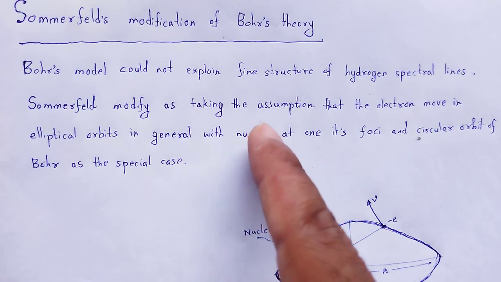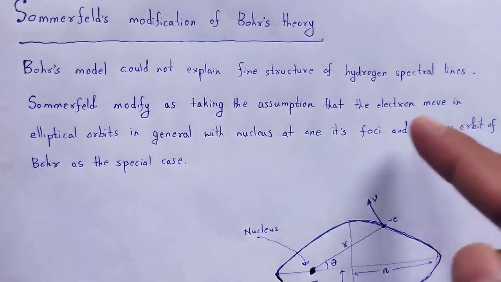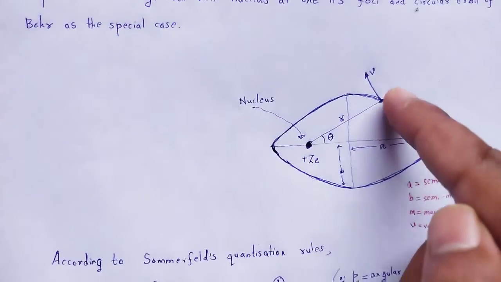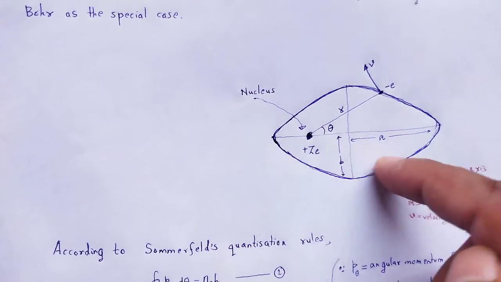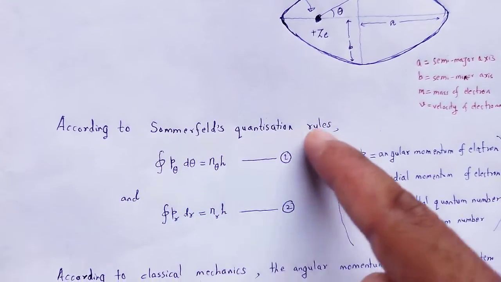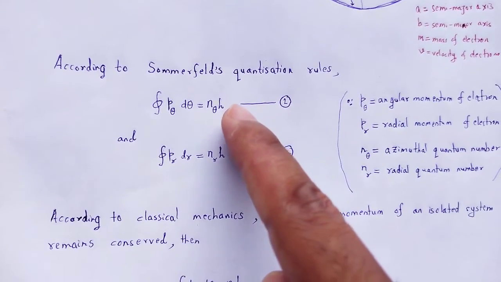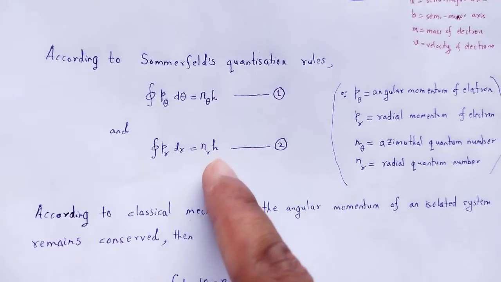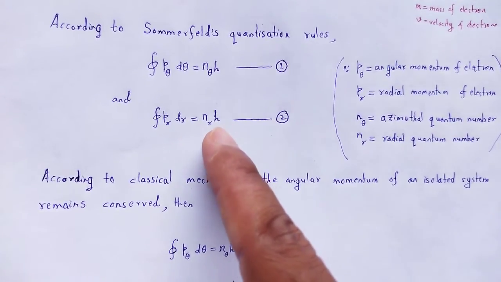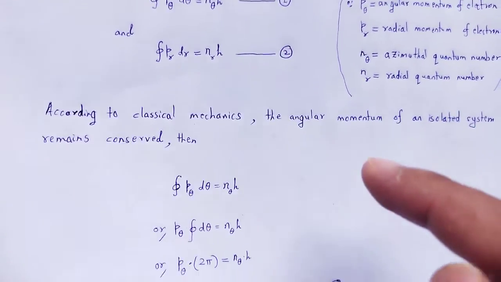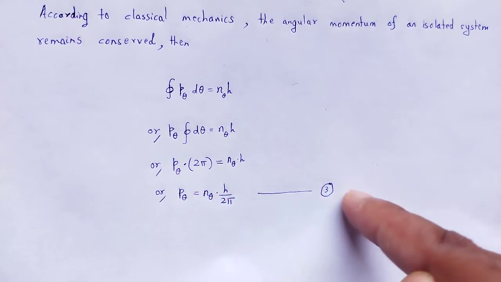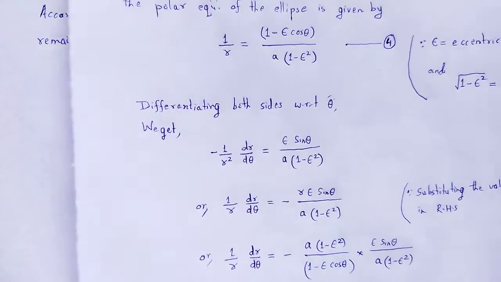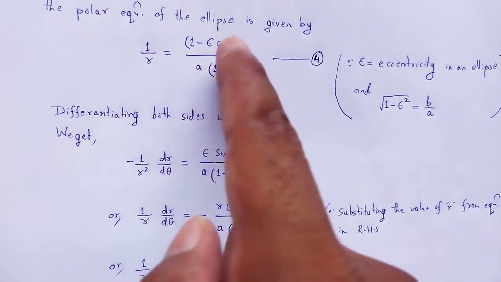What was the assumption proposed by Sommerfeld? Elliptical orbit: the electron revolves around the nucleus in such an elliptical orbit. Sommerfeld's quantization rule: angular momentum and radial momentum are quantized, but angular momentum is conserved, from the polar equation of the ellipse.